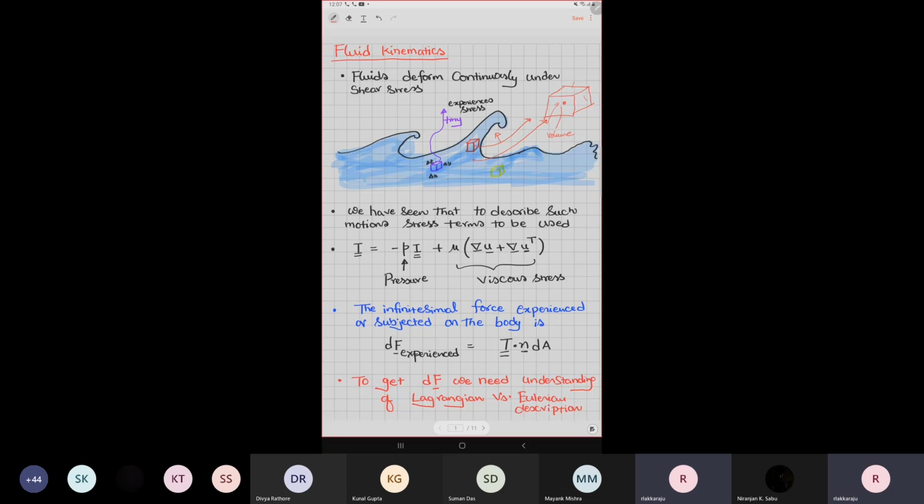So in the last class, we defined something like T double bar. If I project it onto any particular area, maybe this is the one, then T dotted with n dA gives me the effective force across that surface. That kind of thing is what we call traction.